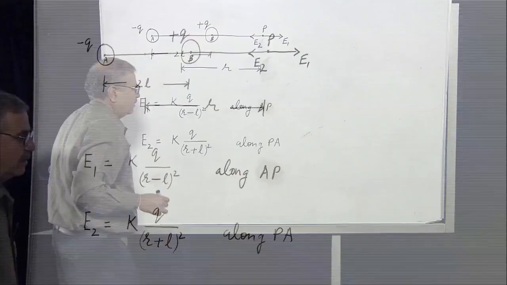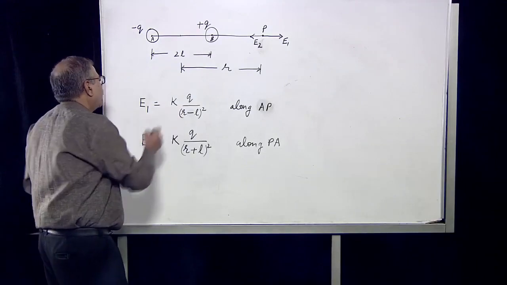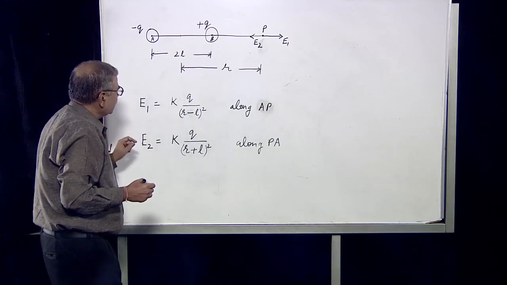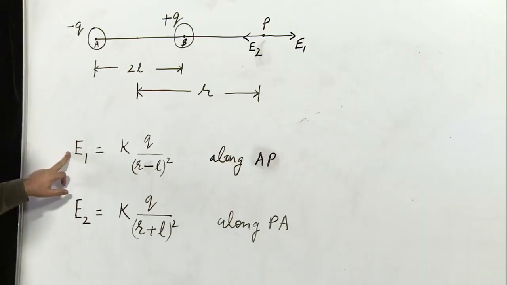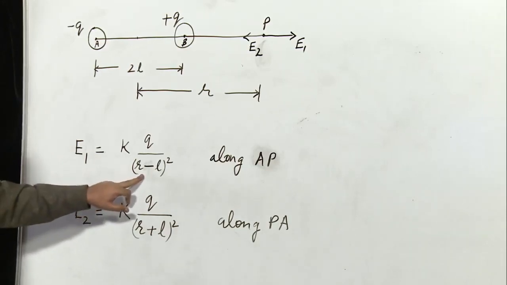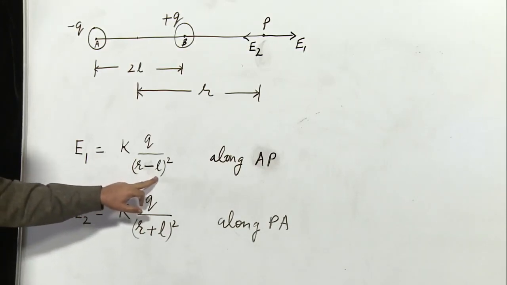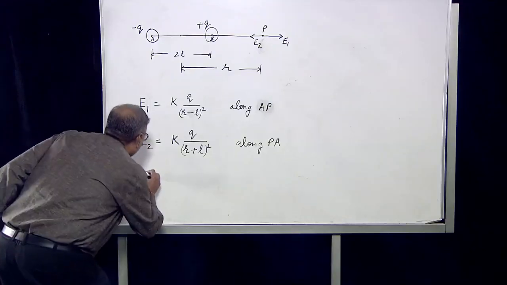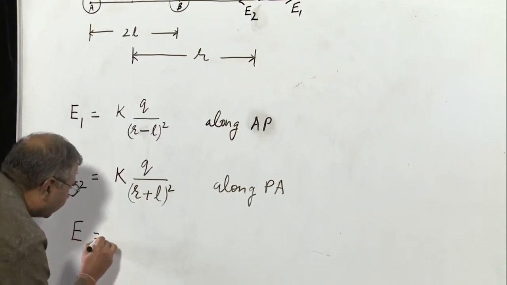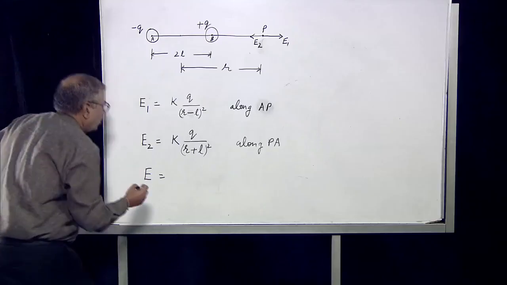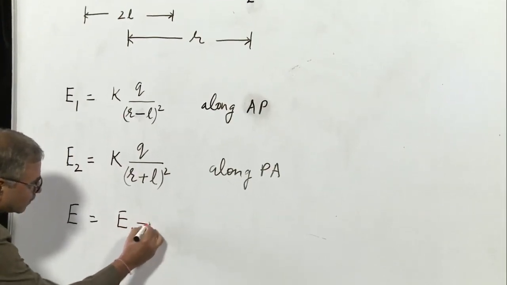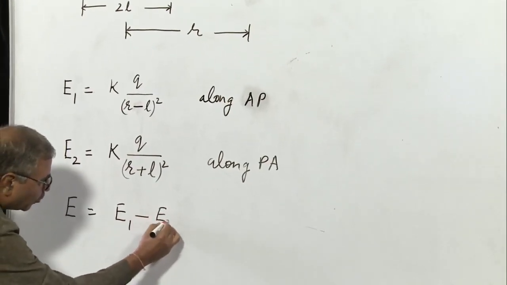Now, from the scrutiny of these two relations E1 and E2, we see that E1 is more and E2 is less, because the denominator here is R minus L whole square. So, the net electric field at point P will be E, and E is equal to E1 minus E2.